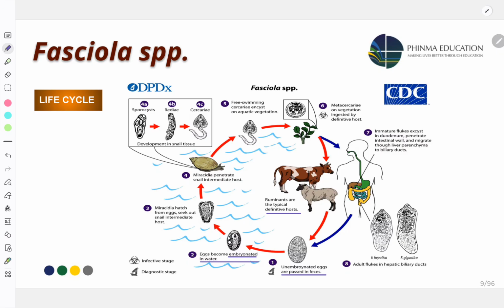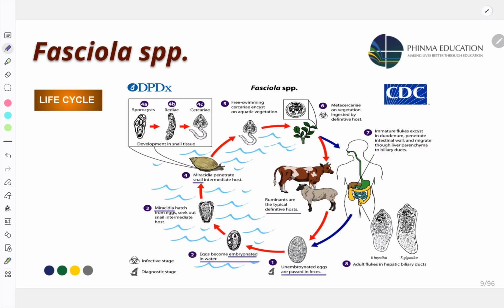So from embryonation, from the ova, the Miracidium or the Miracidia hatches, and the Miracidia will penetrate your first intermediate host, which is your snail.